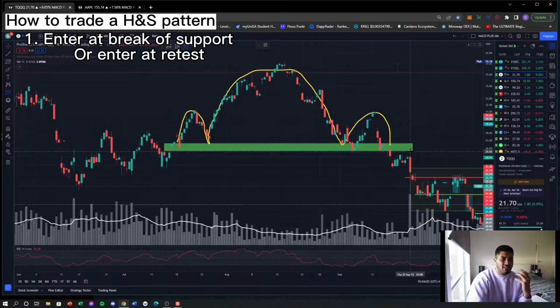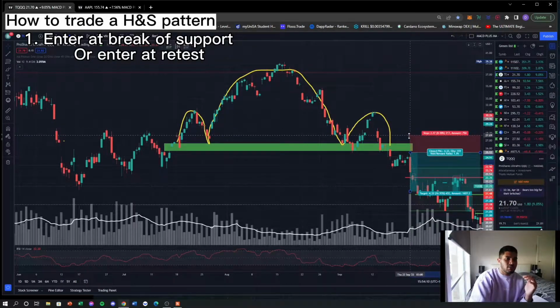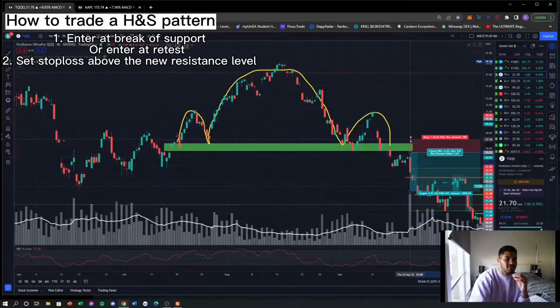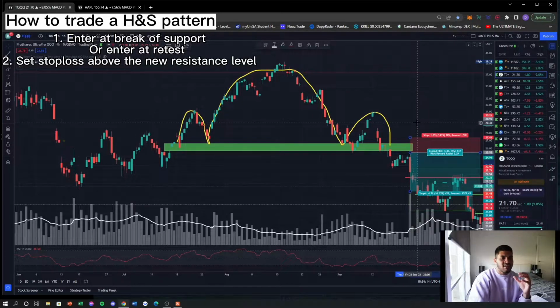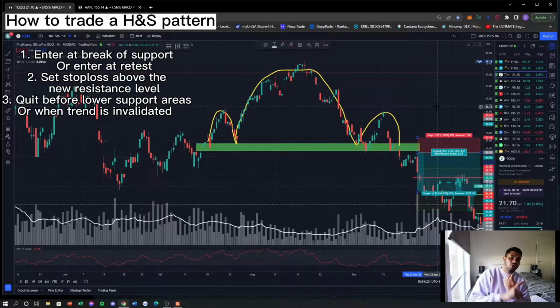That's typically where I would enter, and I would set my stop loss above the area of support, not right on that area, just a little above it, just to be safe. And where can I quit? I can either quit at a lower area of support, or I can quit when the trend reverses. What we are doing is short selling, so what we need is a downtrend. A downtrend is made of lower highs and lower lows.